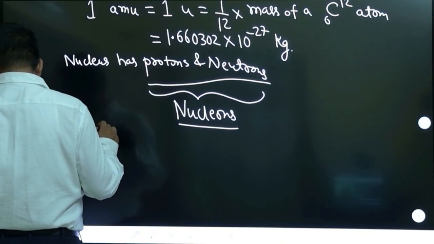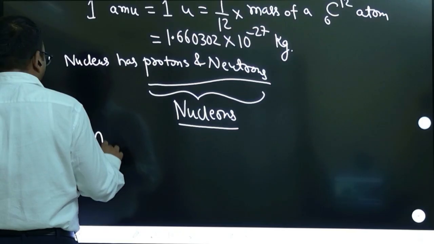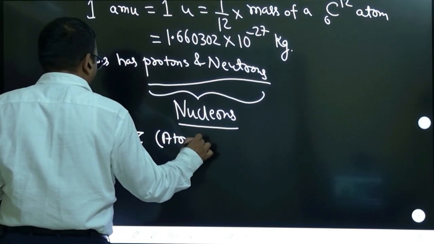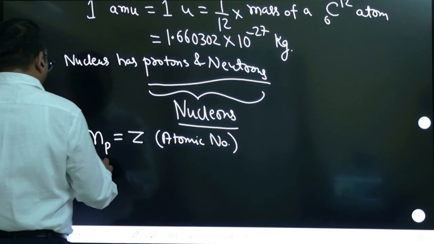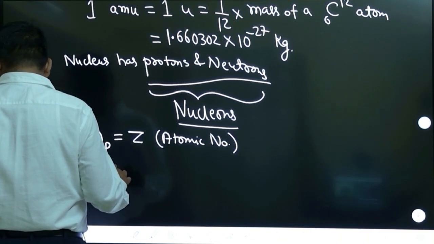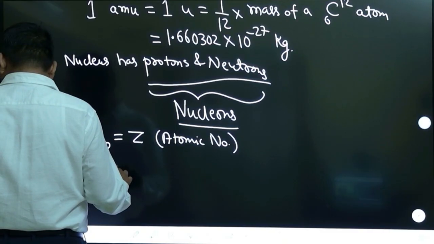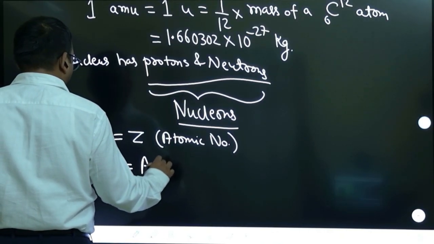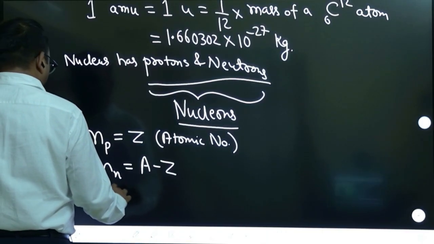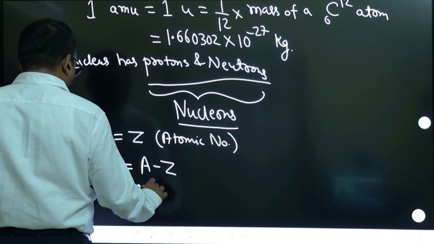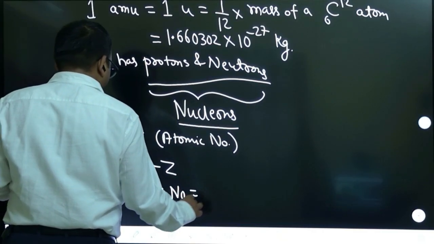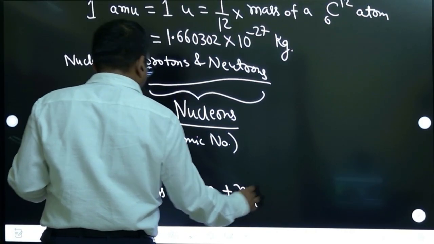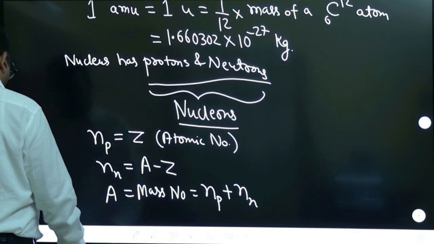So first of all, note that the number of protons is equal to the atomic number Z. The number of neutrons is equal to A minus Z. What is A? A is called the mass number. Mass number is the number of protons plus the number of neutrons. Okay, that's what we should know.